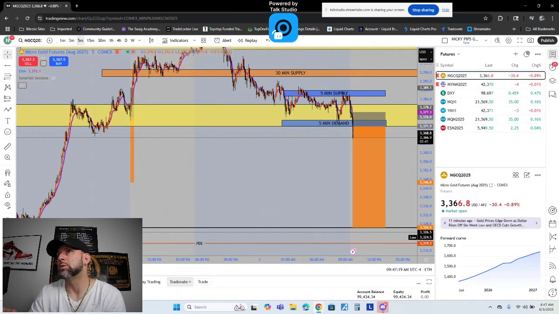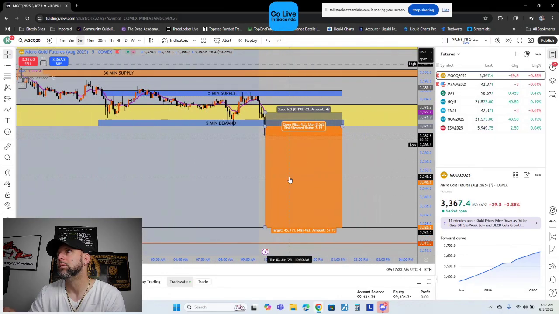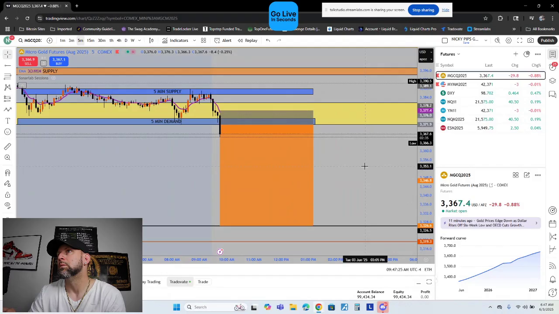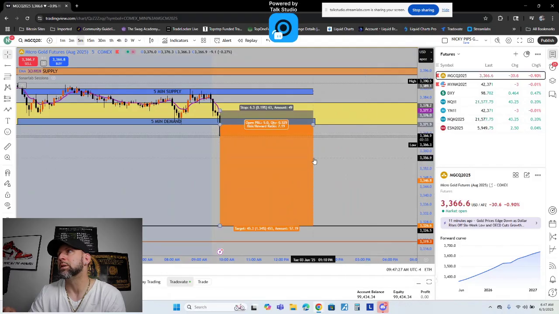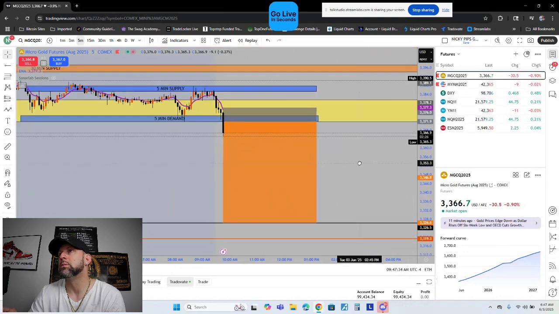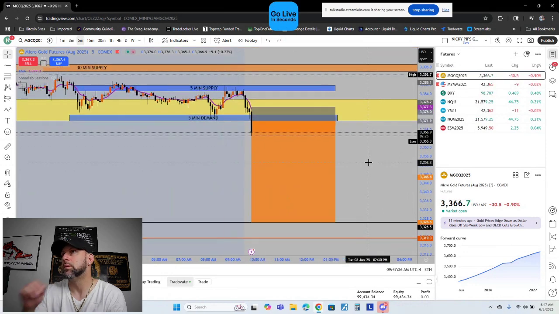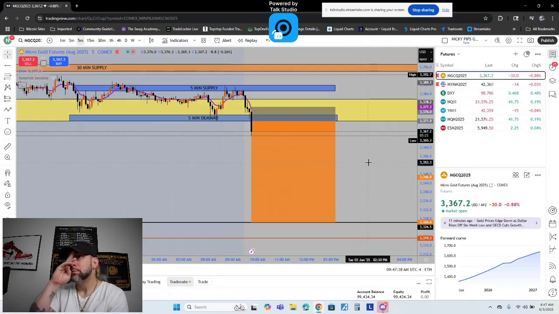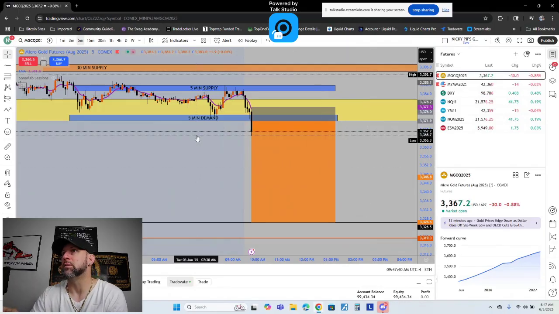So we have another support area here. We got to be careful. We're going to wait to see what this 5 minute candle does. I mean, that's a solid candle. But we got to see if it pushes back into this 5 minute demand before going back down.